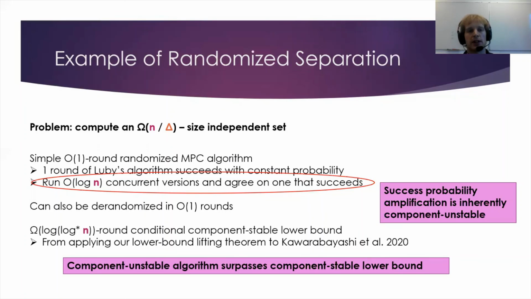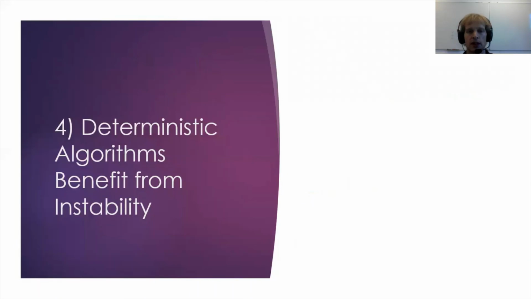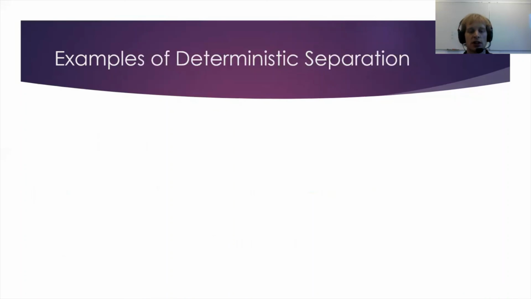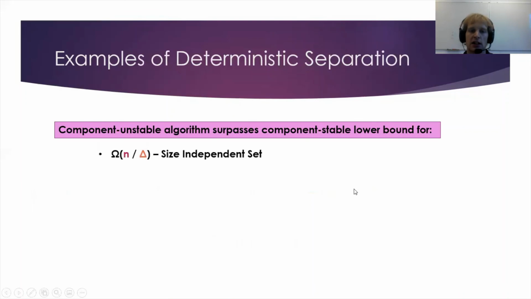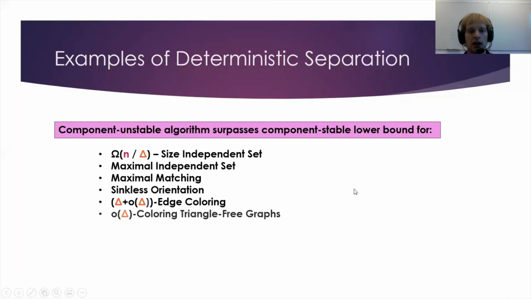And this is even more pronounced for deterministic algorithms. So actually, we show that many standard de-randomization techniques are, again, inherently component unstable. They're doing similar things to what I just showed you. And by doing so, we get separations for all of these problems and probably many others, where we can show component stable conditional lower bounds, and we can surpass them with component unstable algorithms.